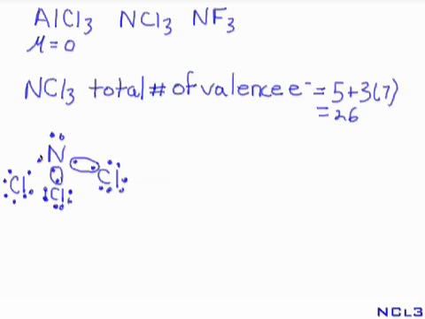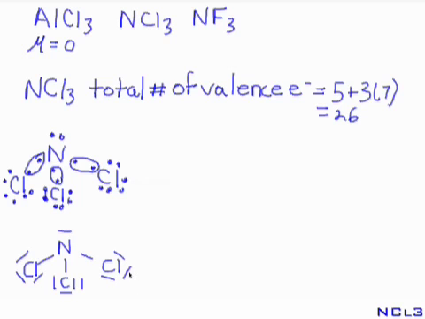Chlorine has 8, chlorine has 8, chlorine has 8, and nitrogen now has 2, 4, 6, 8. So the Lewis structure I actually get out looks like this, where I'm using dashes for lone pairs.